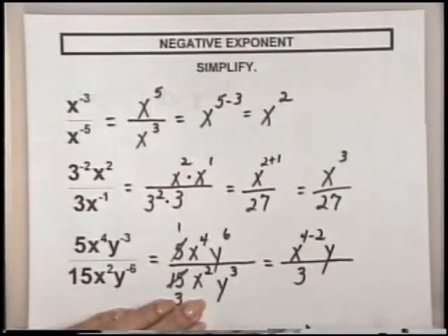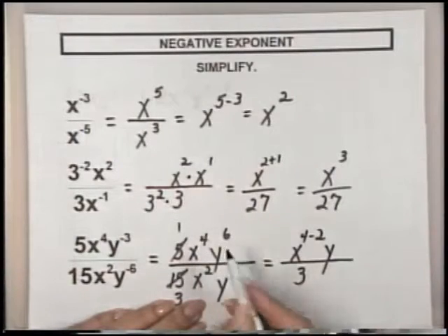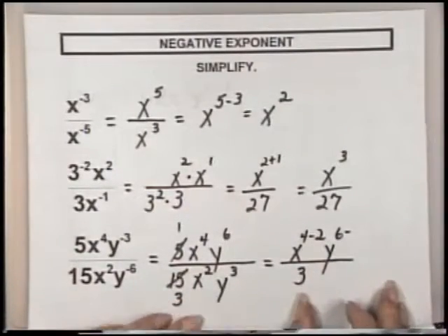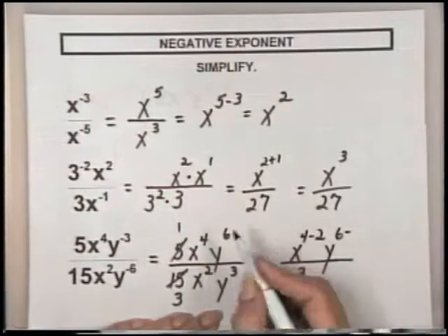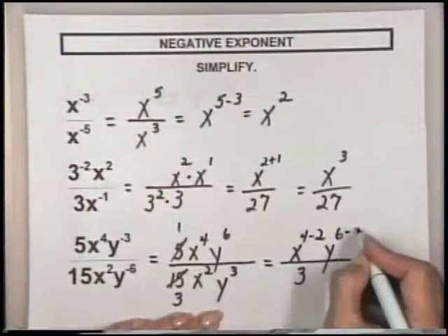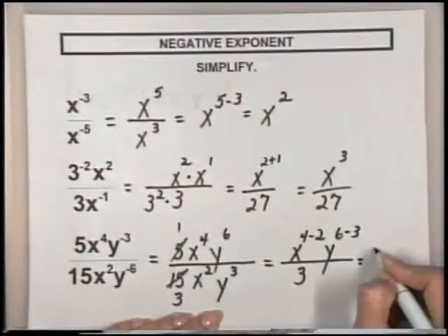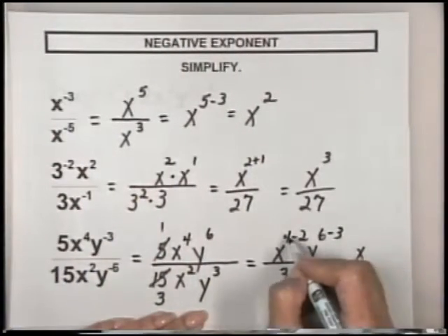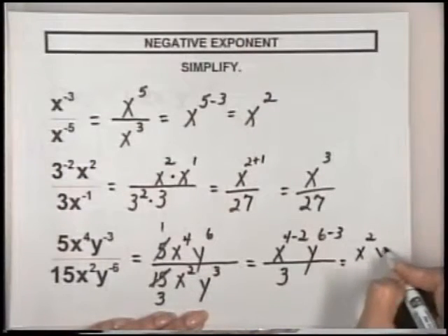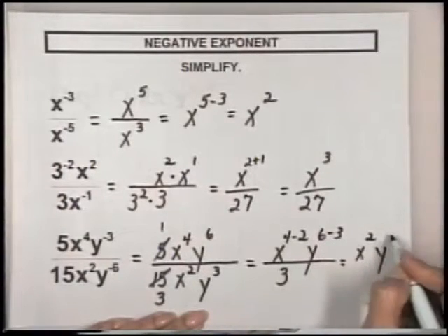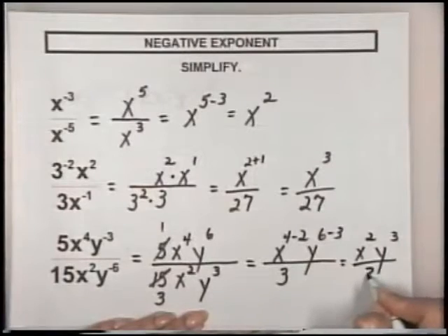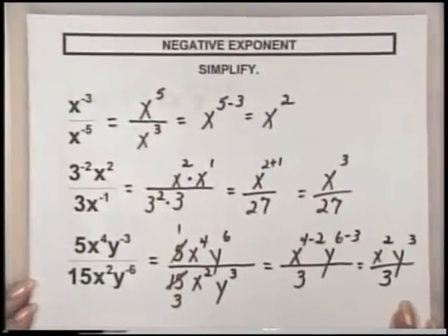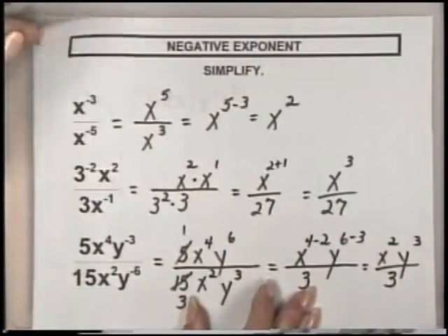Once again, the power of y in the numerator is larger than the power of y in the denominator, so I know that the y will stay in the numerator, and I will use my subtraction rule to determine the exponent. I will say 6 subtract 3. So the power on my x will be 4 subtract 2 is 2. On my y, 6 subtract 3 is 3, and those factors will be over 3.